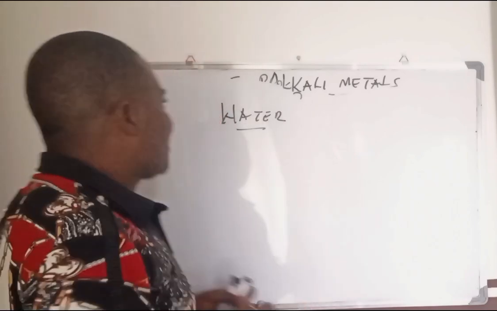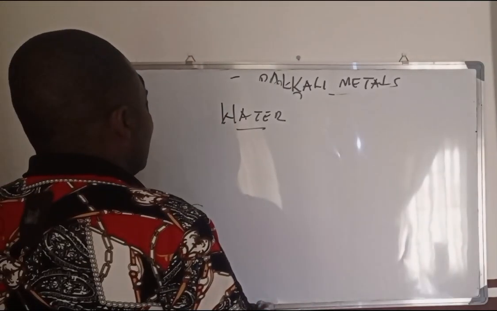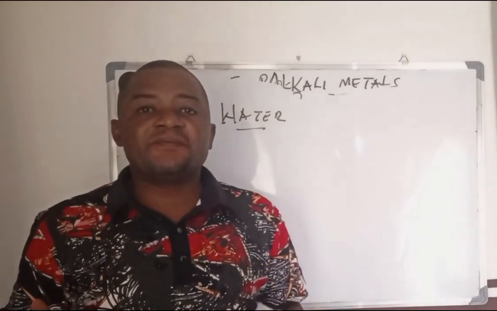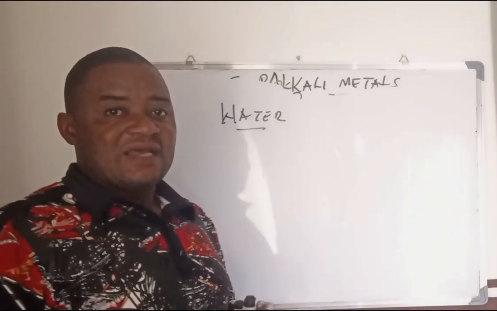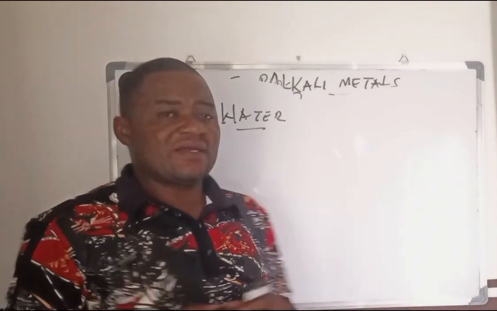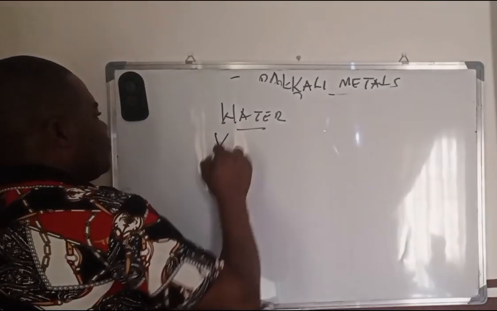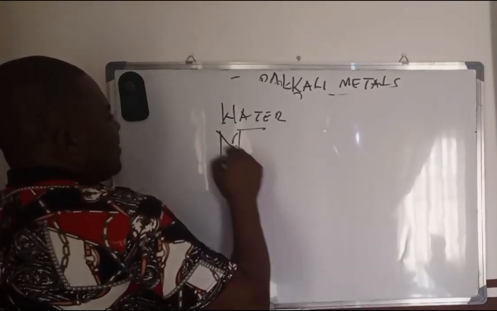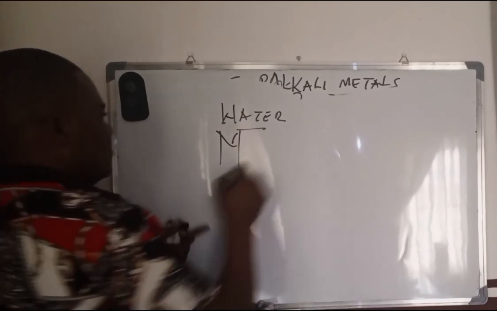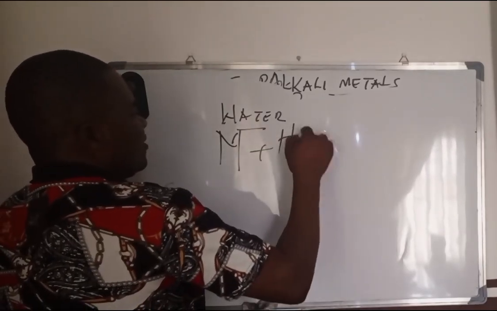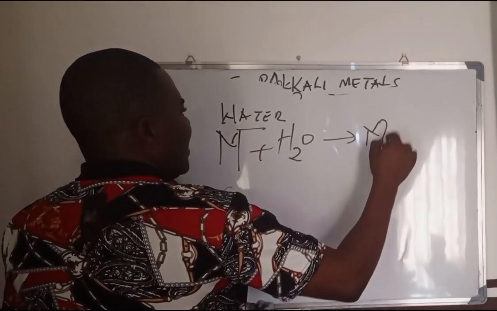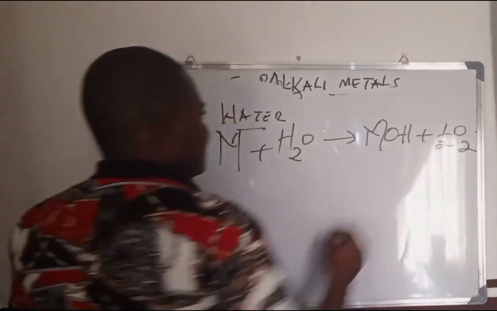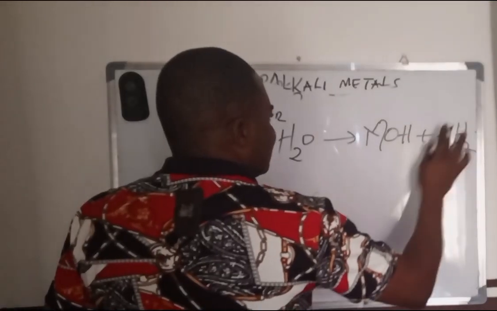Now they react with water to give out hydrogen gas and, of course, you know that they form an alkali. So if this, for example, was an alkali metal reacting with water, we expect the alkali metal to form a hydroxide plus hydrogen gas.